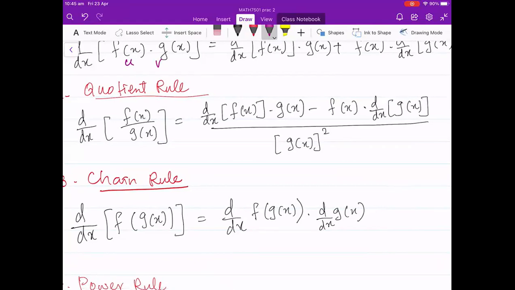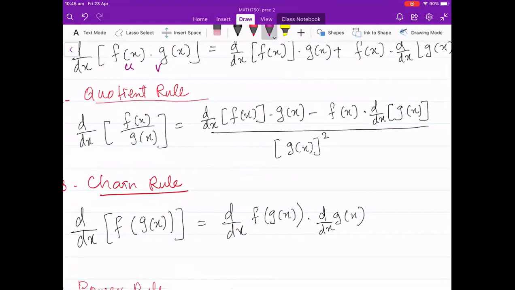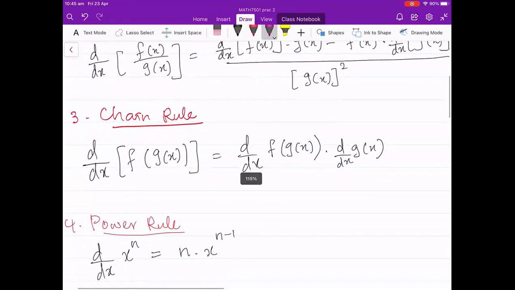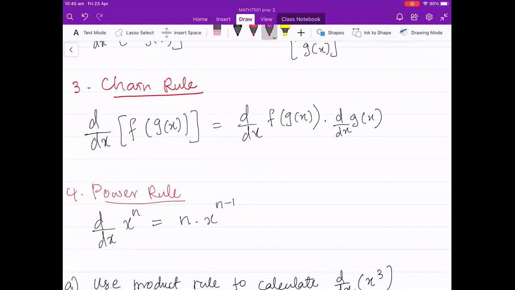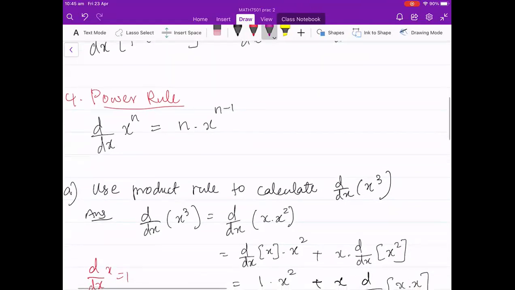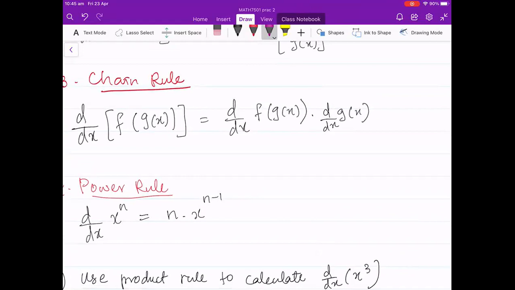So that means you derive the actual function, multiply by the derivative of the function inside of it. Okay, and what's the power rule? I think I've given you. Okay, power rule is x to the power n, that when you derive it, it's n times x to the power n minus 1.